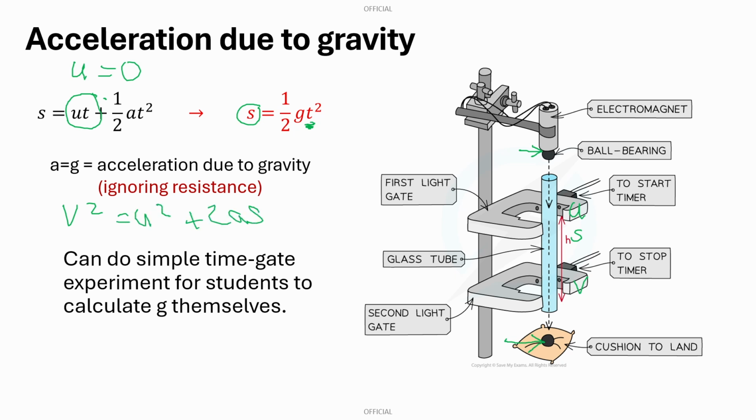In which case (V squared minus U squared) divided by 2s would give me the acceleration, or g, and of course s in effect is h here, and then those two light gates should give you V squared and U squared, or V and U. So just be a bit careful here about mixing up those two experiments, because in this case over here U wouldn't be 0.